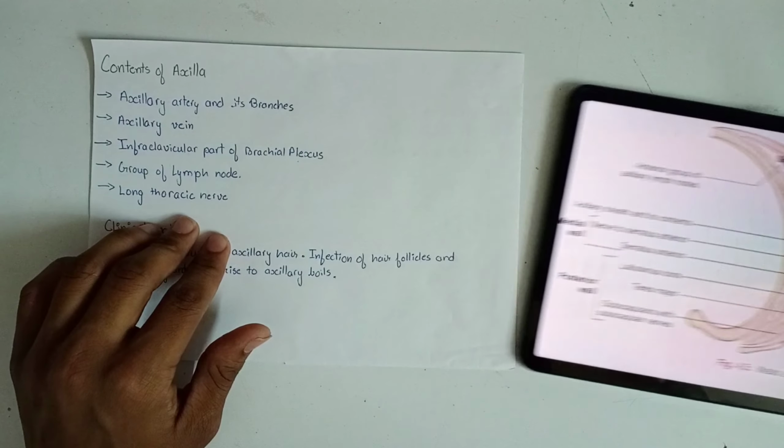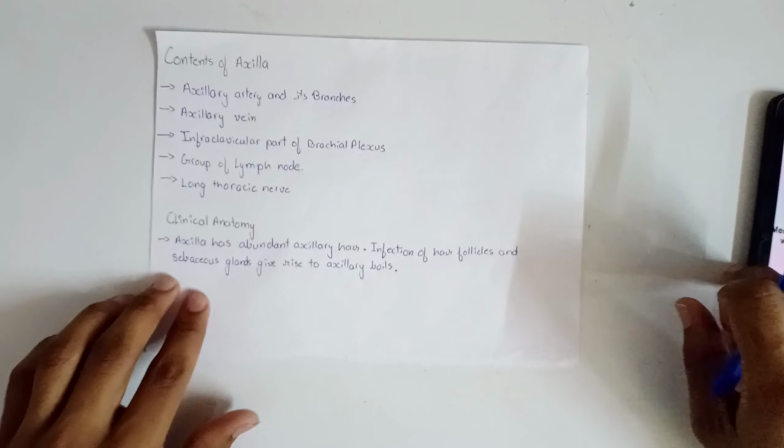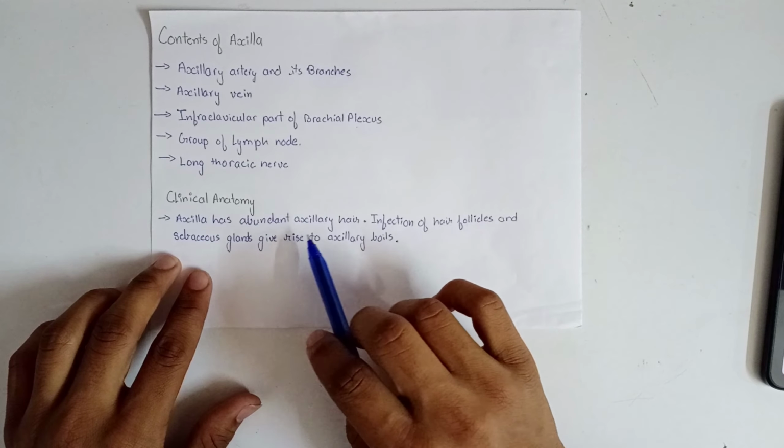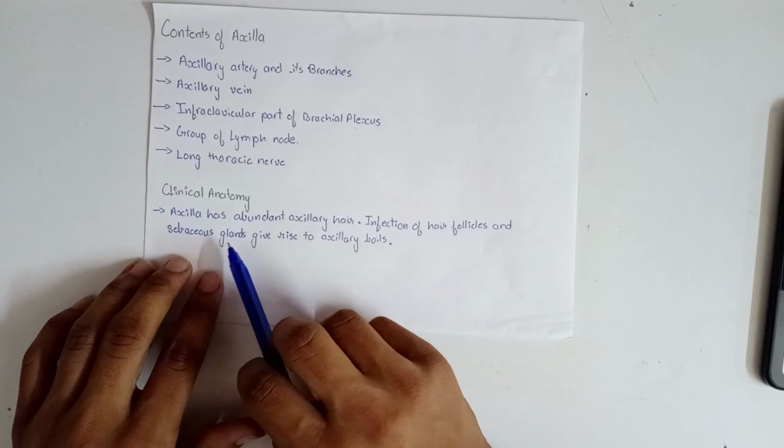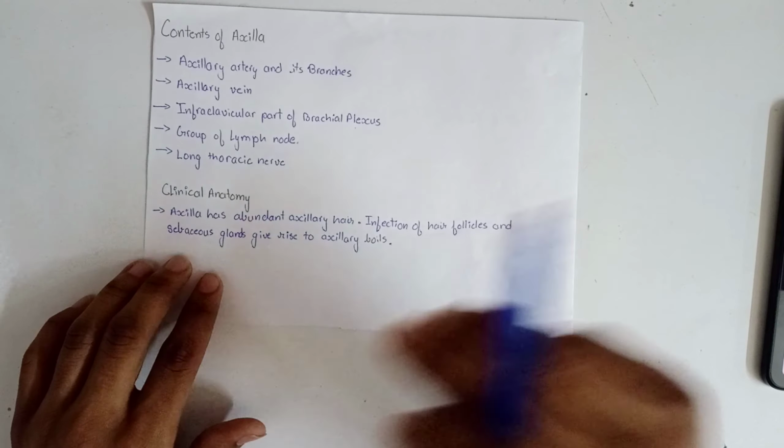Now we are left with our clinical anatomy. The axilla has abundant axillary hair. Infection of hair follicles and sebaceous glands gives rise to axillary boils.